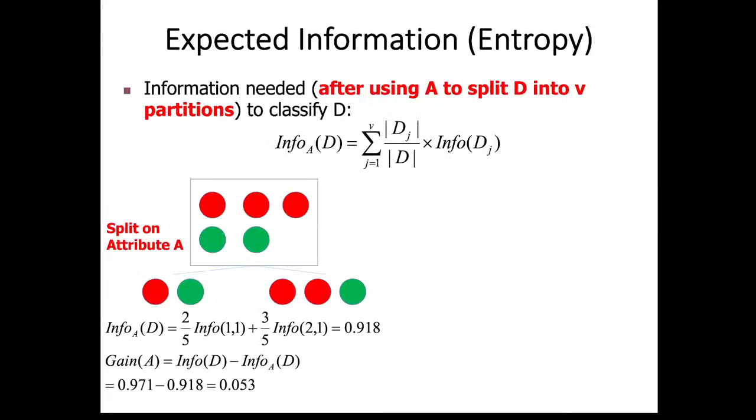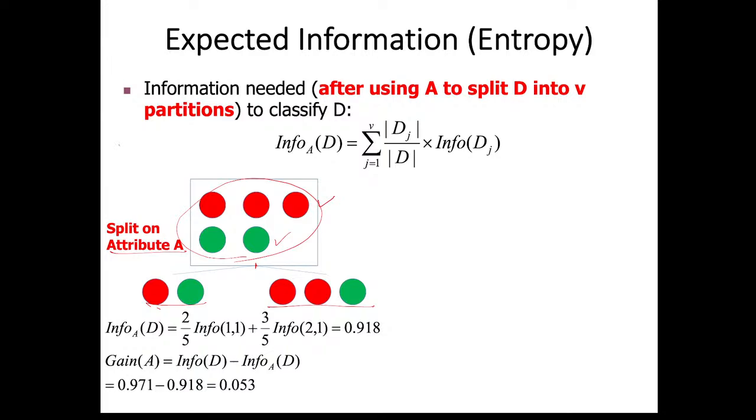Now let's look at a more realistic example. Assuming before a certain split, we have 3 reds and 2 greens. And now we divide these 5 people into 2 groups. The division is based on feature A. If you remember, attribute is feature.